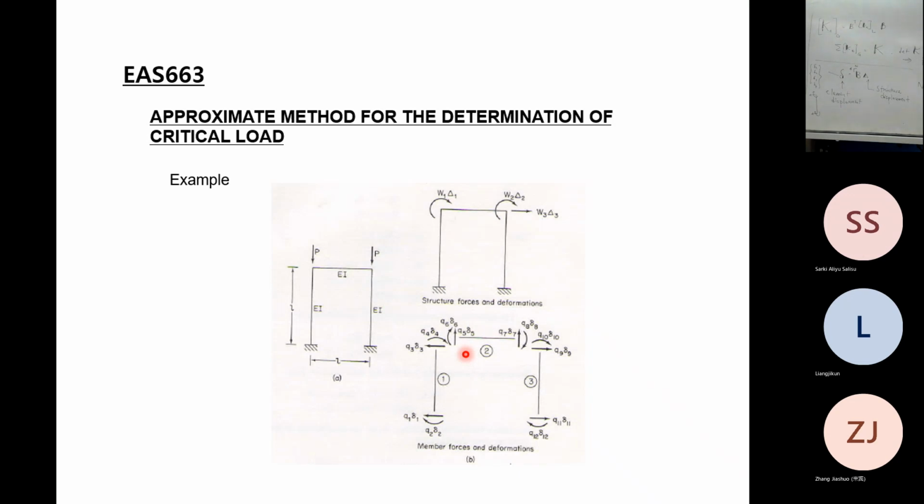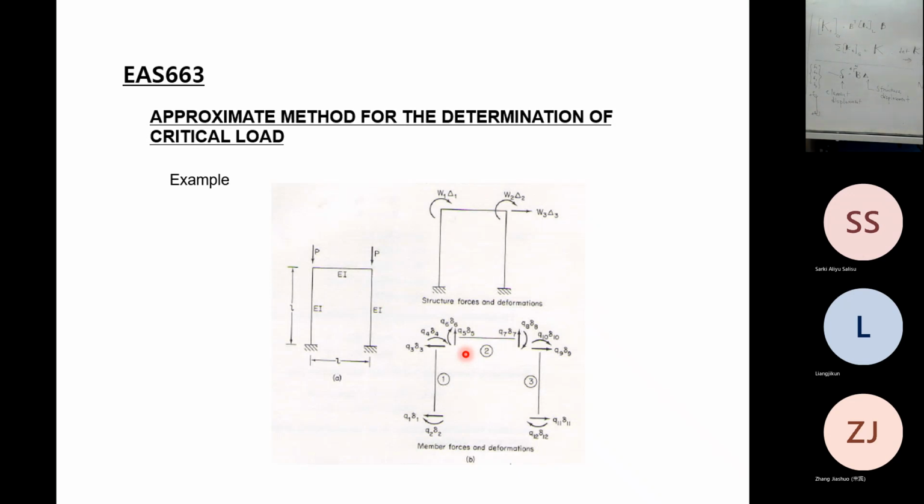And when you compare here, delta 5, when it comes here, there is no displacement of this joint in these directions. So delta 5 is 0, because we don't consider actual displacement. We only consider translation and rotation. So delta 5 is 0.